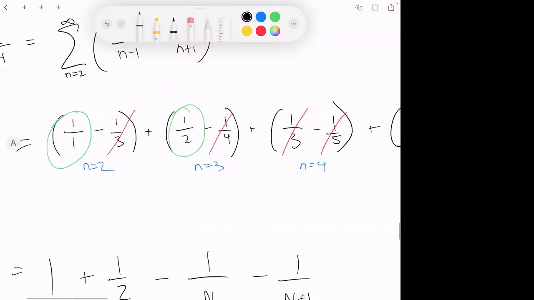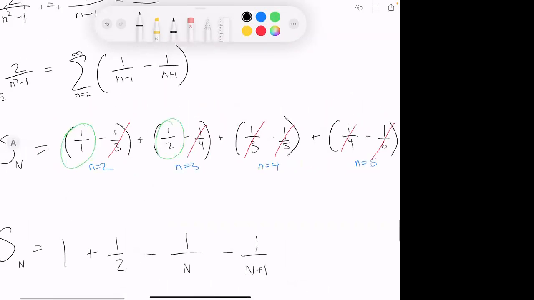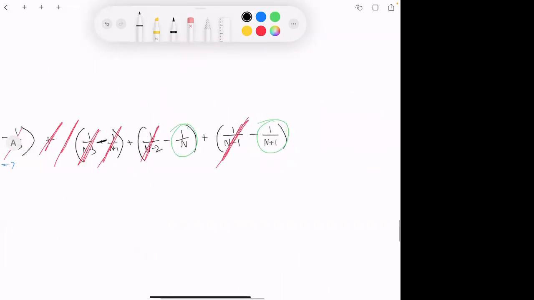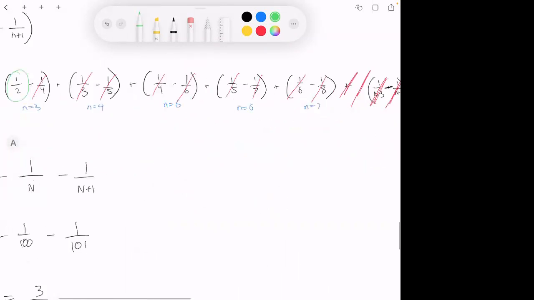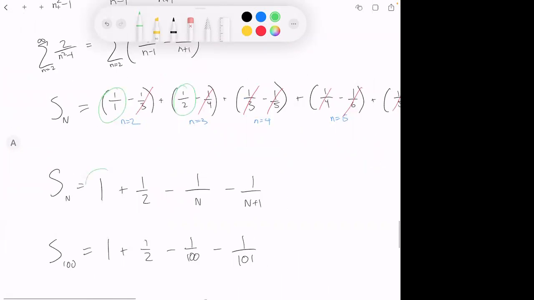It has this staggered situation where it's two things at the beginning and two things at the end. But in the case of this particular telescoping series, those two terms at the end both go to zero. So even if you forgot about them, you should get the same result. It really just comes down to those first two terms.